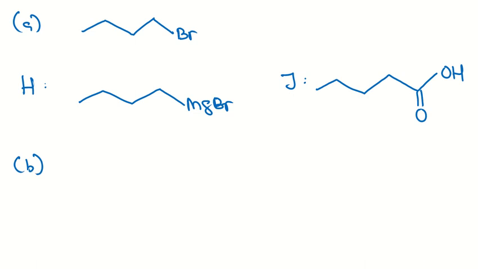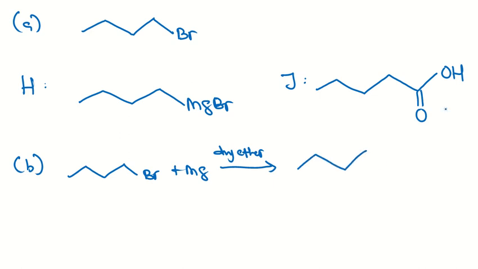Okay. Next, question B. Write the reaction equations for the formation of compounds in A. So let's start with formation of compound H. We have the 1-bromobutane reacting with magnesium turnings in dry ether to produce the Grignard reagent.